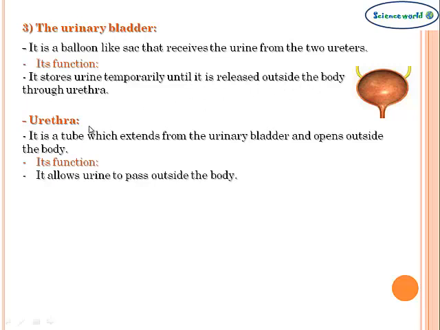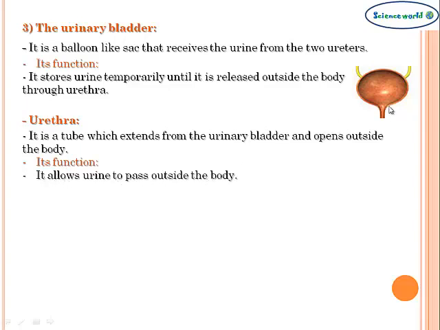Then, the last organ is urethra. It is a tube which extends from the urinary bladder and opens outside the body. Its function, it allows urine to pass outside the body.